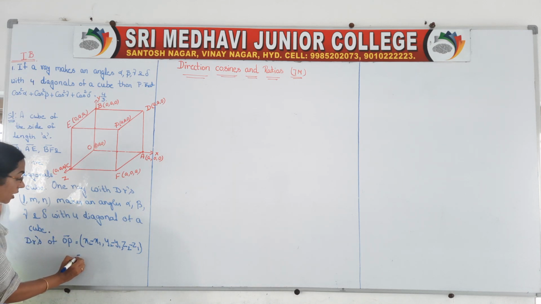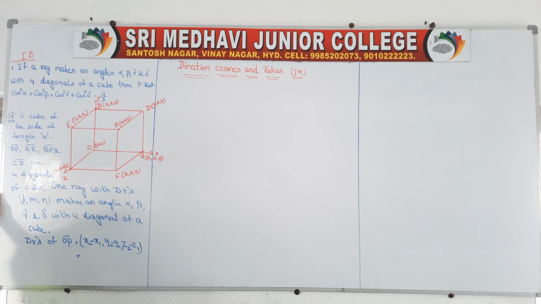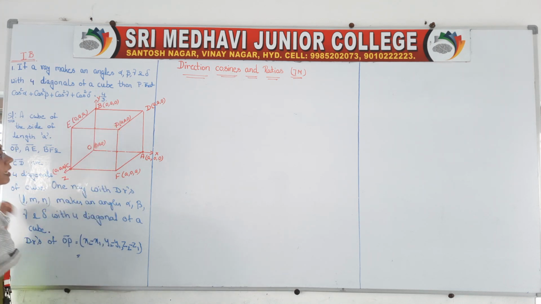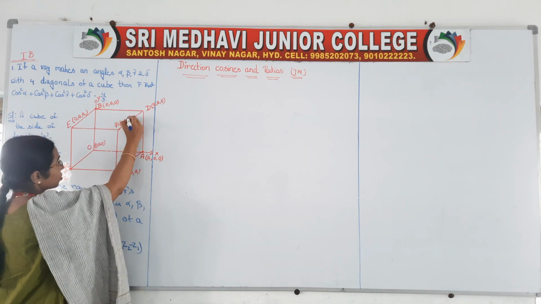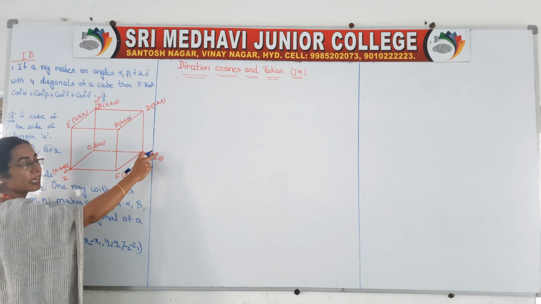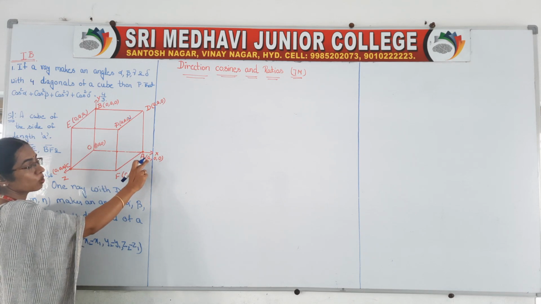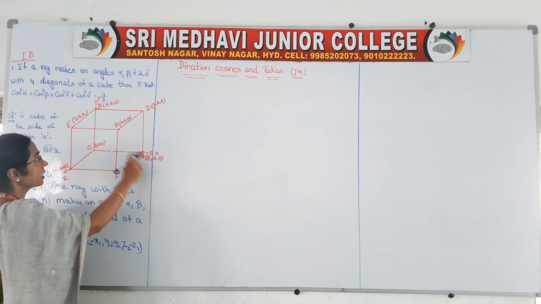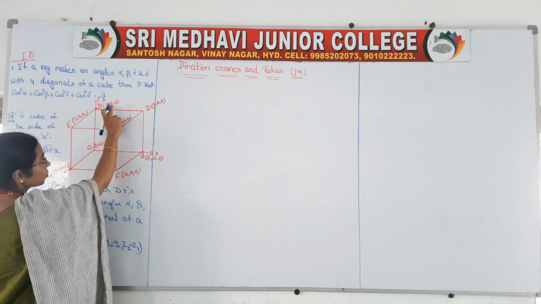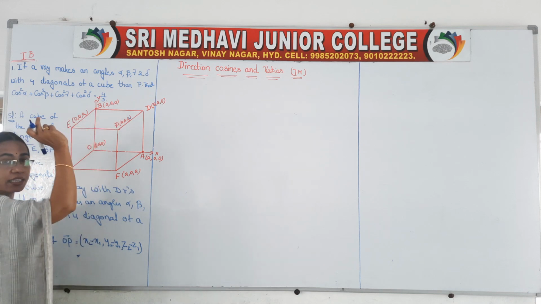So O points are 0, 0, 0, right? Origin points are 0, 0, 0 and P points are A, A, A. So here observe, the first A point lies on x axis, so it contains only x coordinate. B point lies on y axis, so it contains only y coordinate, right?